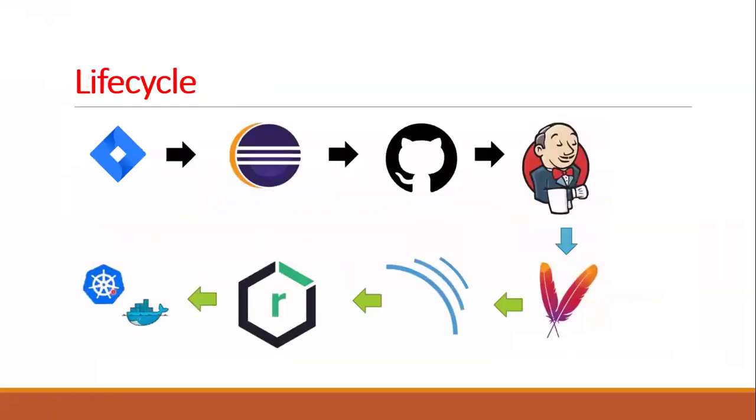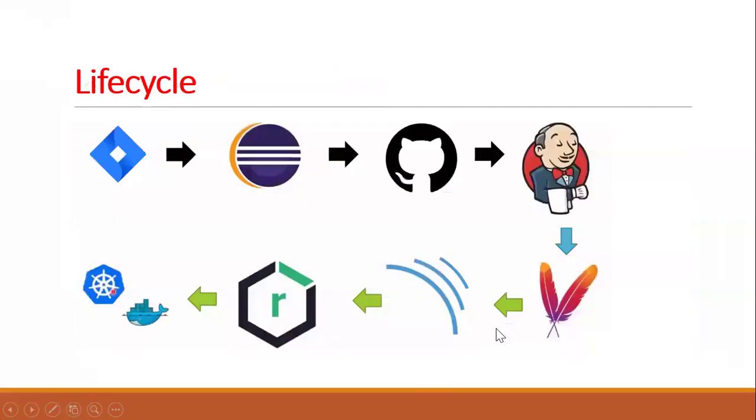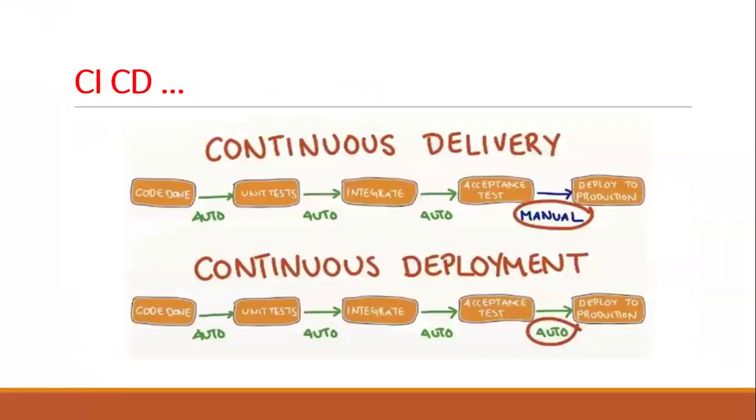These are the tools we are using for the DevOps life cycle. These are for planning, coding, building, test, release, deploy, operate, monitor. For these purposes we are using these tools, and we will discuss these tools. Understood? So CI/CD: continuous delivery and continuous deployment. Code done, unit test, integrate, acceptance test, then deploy to production.